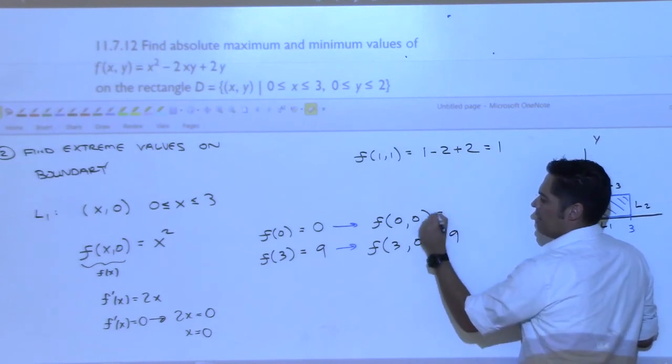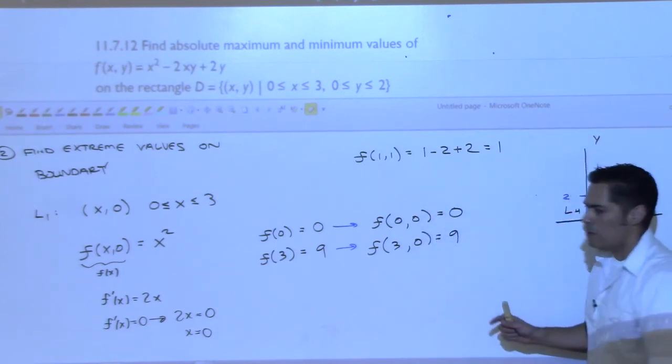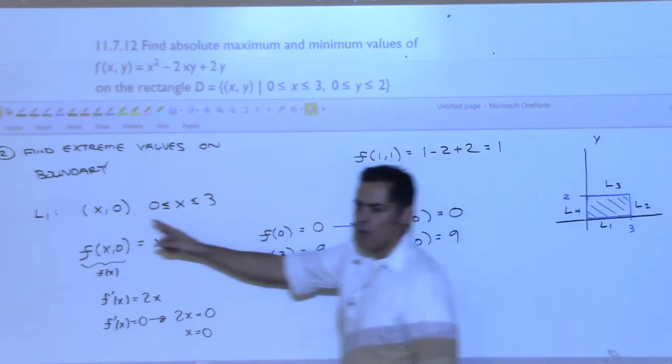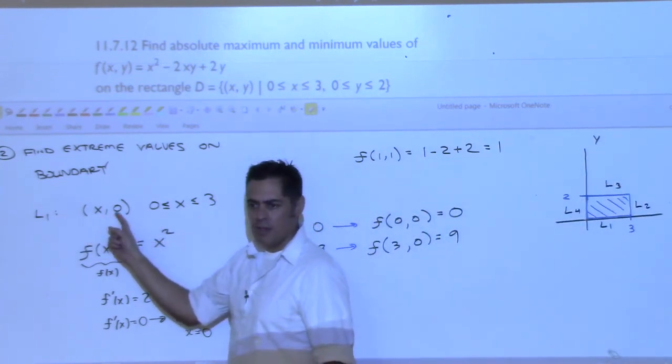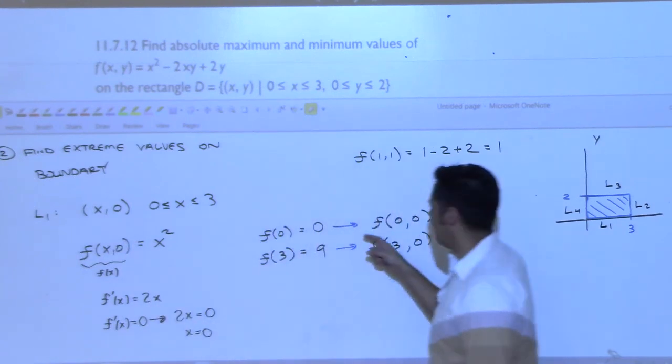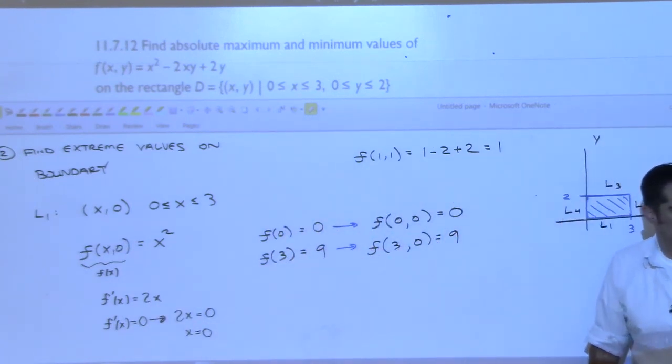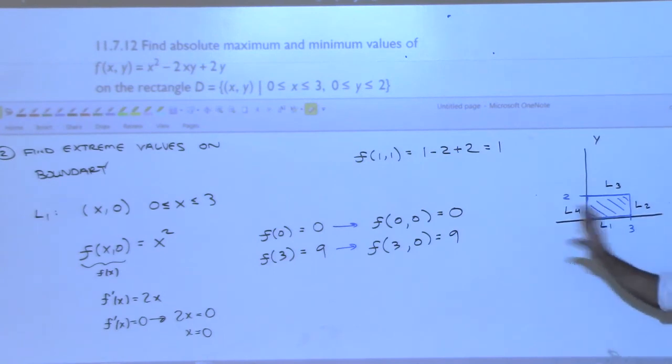That gives us 0 and 9. Why are both y-values 0? Because we're on L1, so all points look like this, and we had critical values at 0 and 3. All right, save those for later. I'll save them right here.